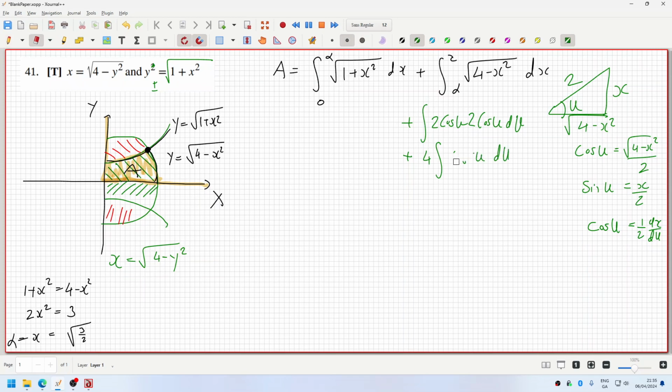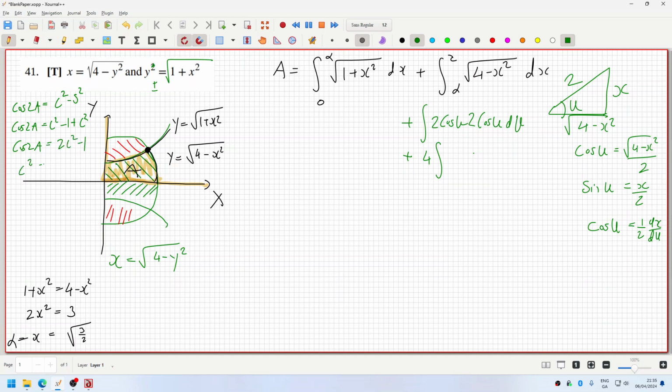But cos squared u, there's a formula for working that out actually, because we have cos 2a equals cos squared minus sine squared, but sine squared is 1 minus cos squared. So you have cos 2a equals 2 cos squared minus 1.